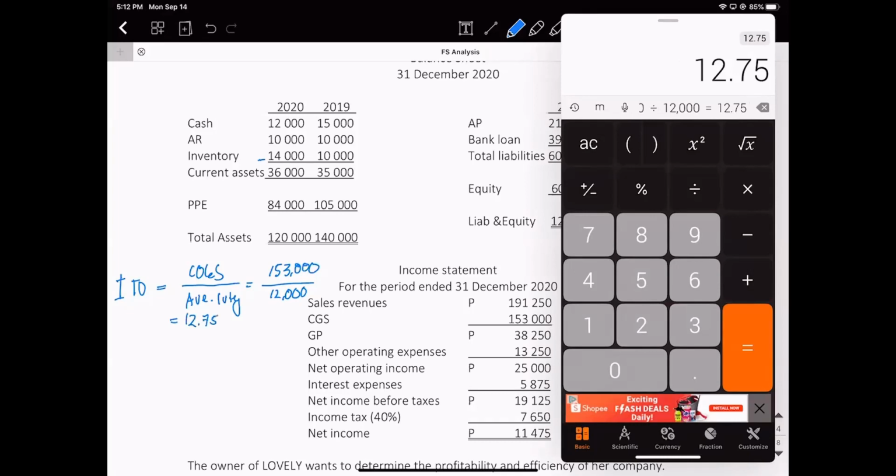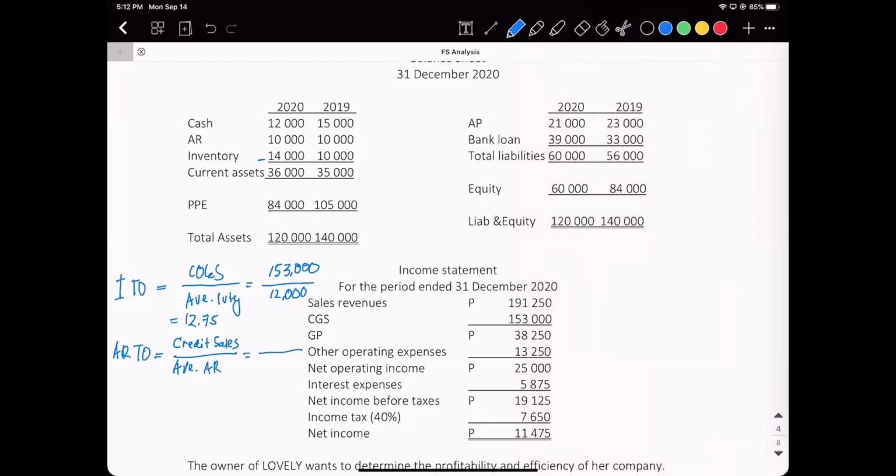Next, for AR turnover, so the formula is credit sales divided by average AR. Okay, so credit sales, sir, wala nakalagay kung credit to or cash. So normally we sell on account. Okay, so if it's not stated, then we are going to assume that all of these sales revenue are on account.